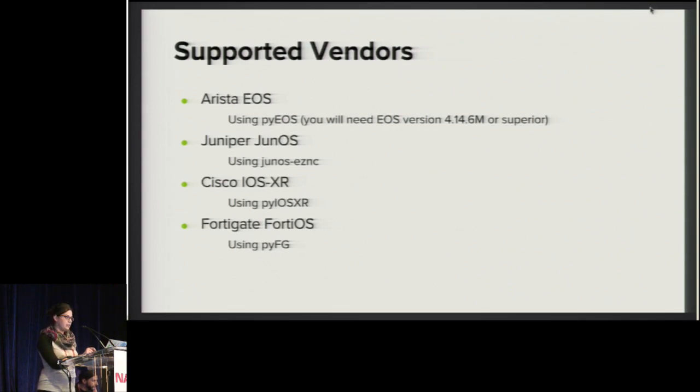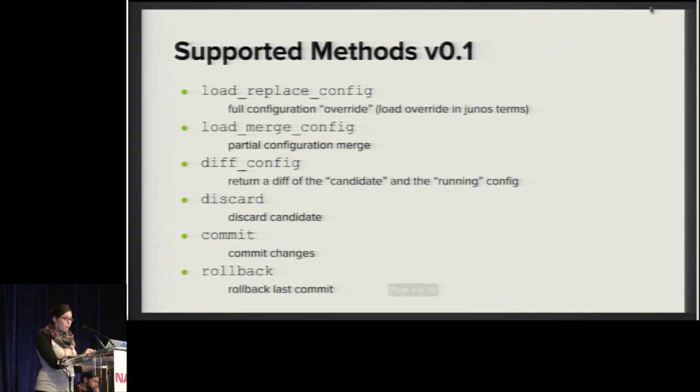For some, there were existing libraries that we just reused and abstracted so they all do the same for each of the vendors. For others, there was no library available, so we wrote them ourselves, and now those four are covered. Now for those four, Napalm supports this set of methods.